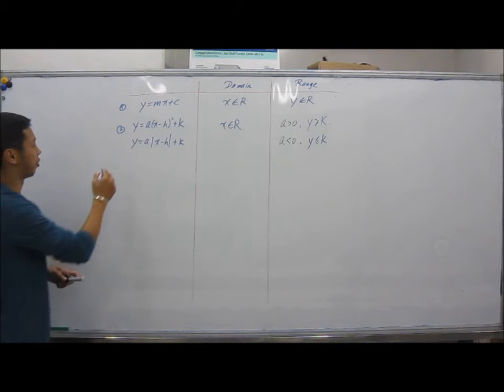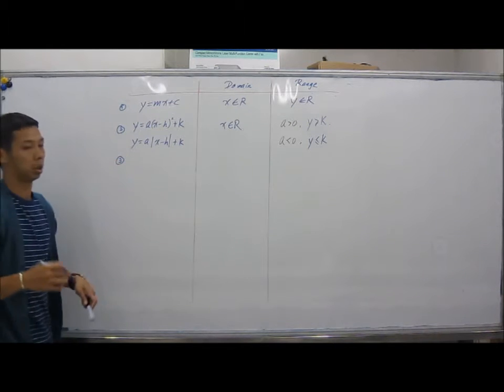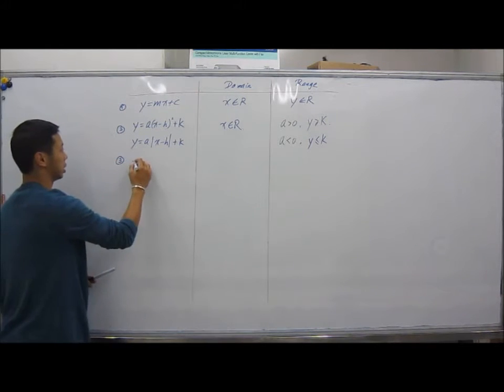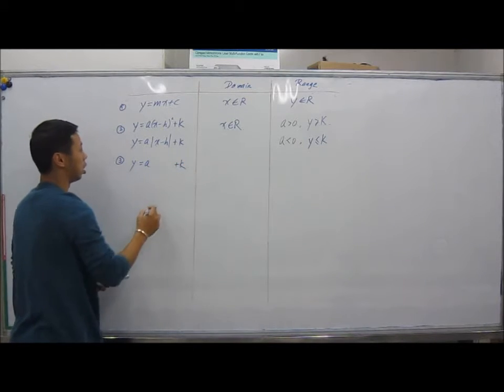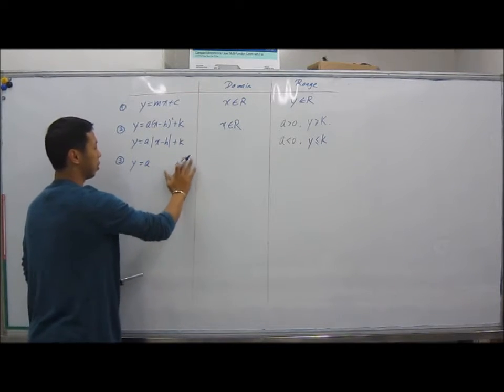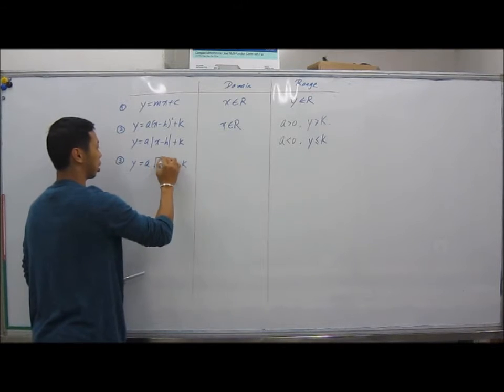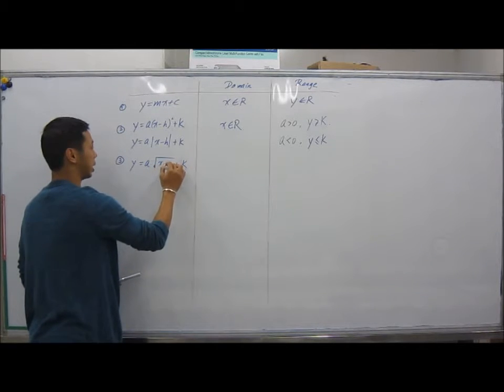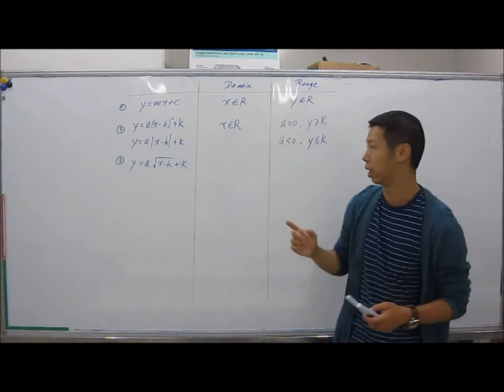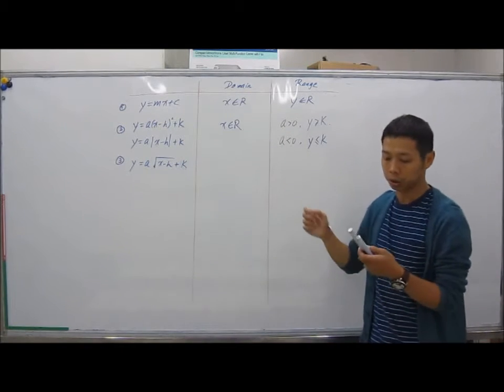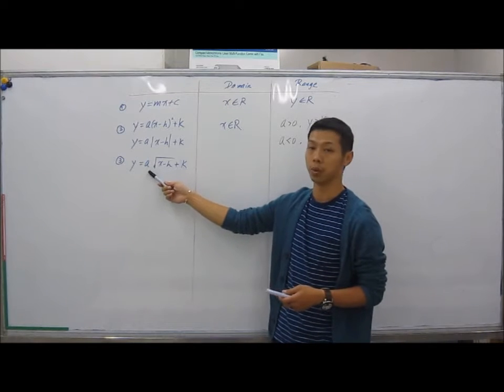And we have the third part. A little bit of change: this also is an a times something, plus k. But inside this time, we are talking about a radical, the square root of x minus h. We need to think about one thing. For the range, it is also the same. We only concern about this one.